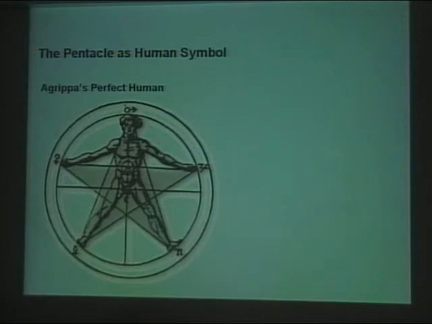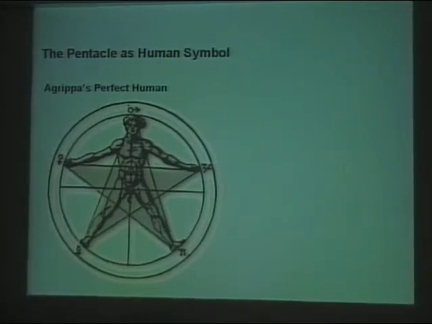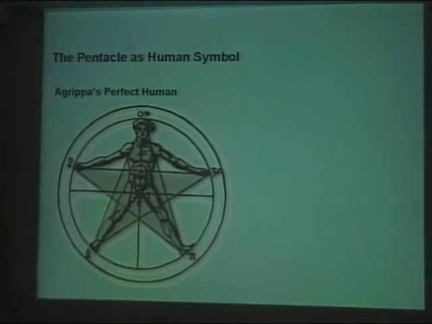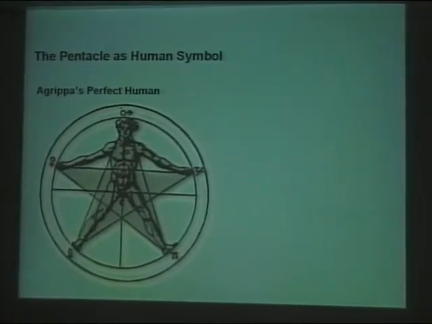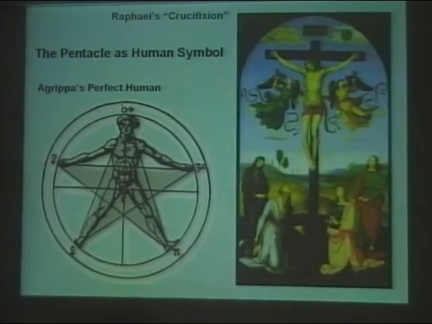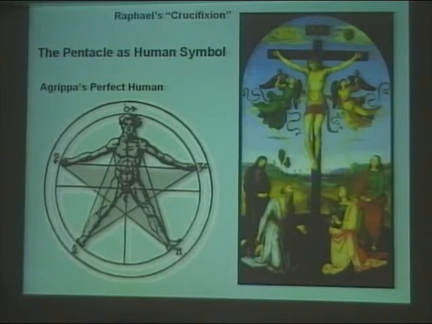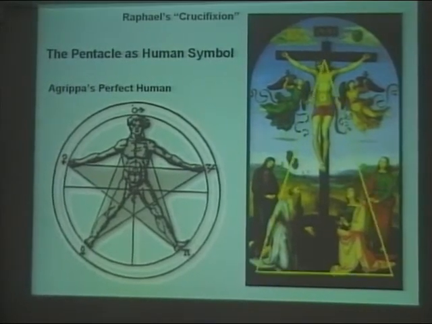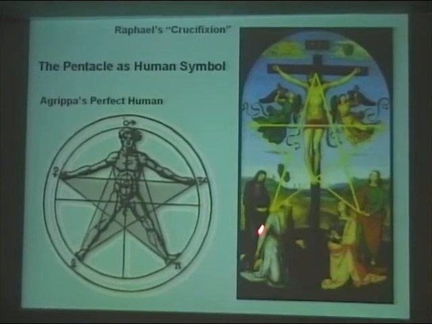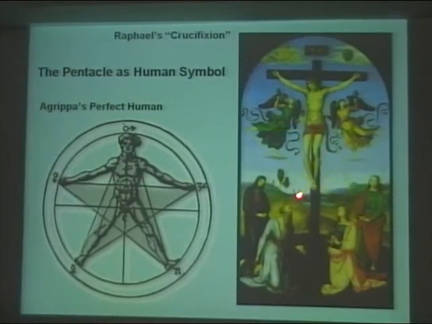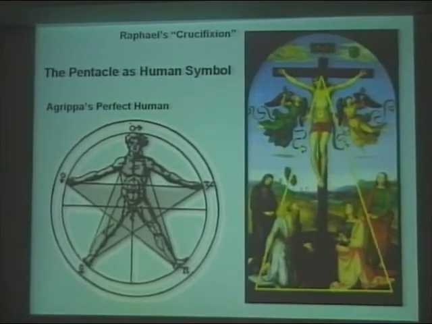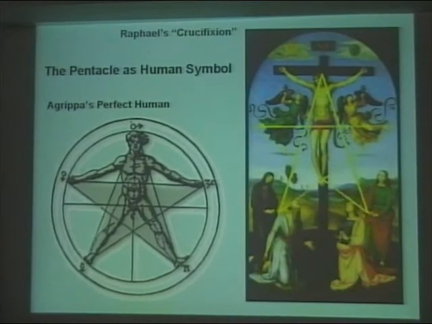And he produced this design which shows a human being as a kind of pentacle. And we see it also in Raphael's painting The Crucifixion, which art people have analyzed as having a triangular and a pentagonal design in them. And the two, of course, overlap.